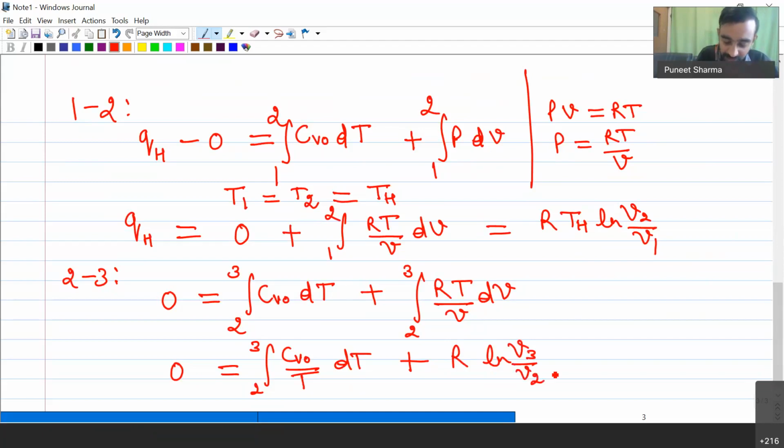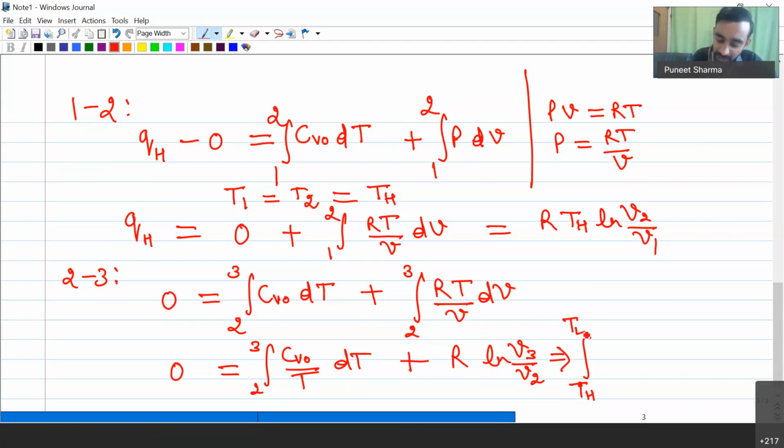Okay. And finally, if I take the Cv0 by T term to the left hand side, I'll find the integration from 2 to 3. At point number 2, our temperature is nothing but equal to TH, and at point number 3, our temperature is nothing but equal to TL.